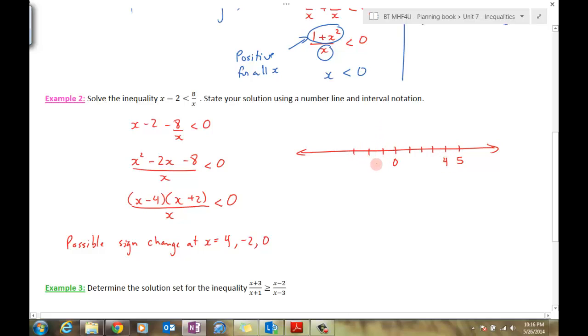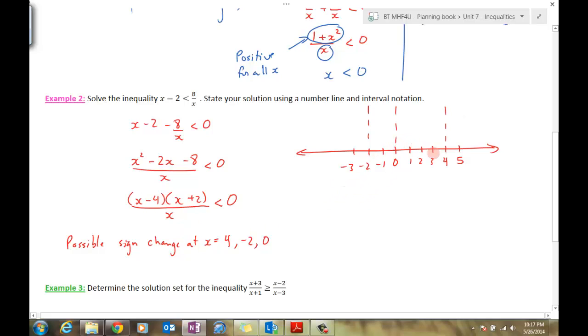Our key values here are negative 2, 0, and 4. And so we are interested in determining what are the signs of these expressions between the different intervals where our key points are.